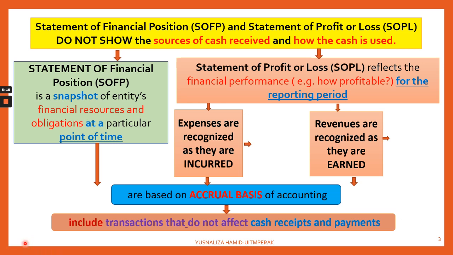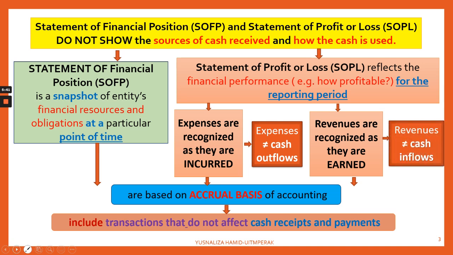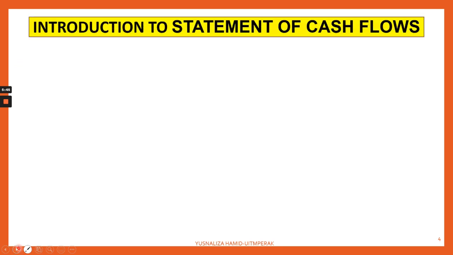So therefore, we need another statement to show the movement of cash, to show how good we are at generating cash and how good we are at utilizing our cash, because expenses are not equal to cash outflows. Same goes for revenues. Revenues are not equal to cash inflows. So let's look at what is statement of cash flow.